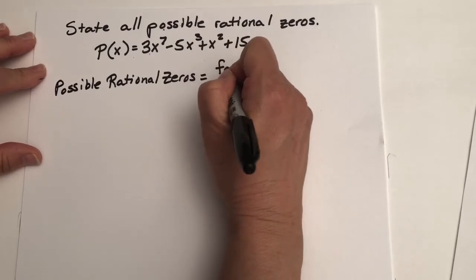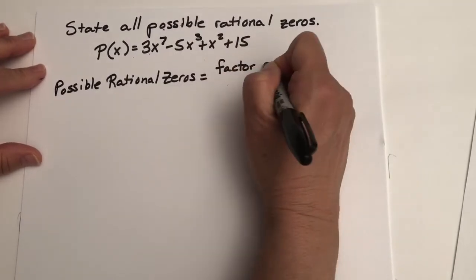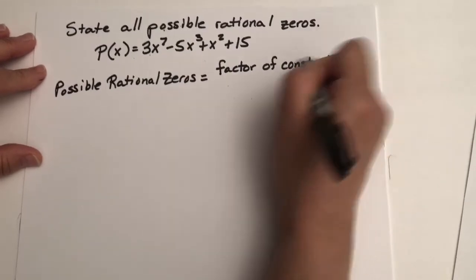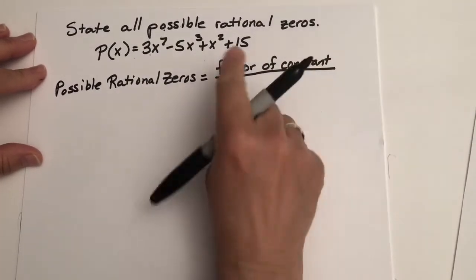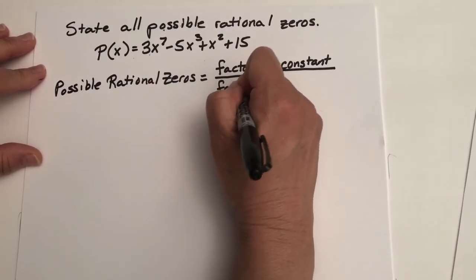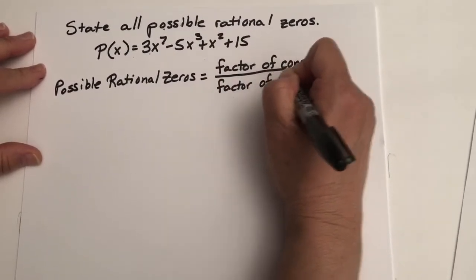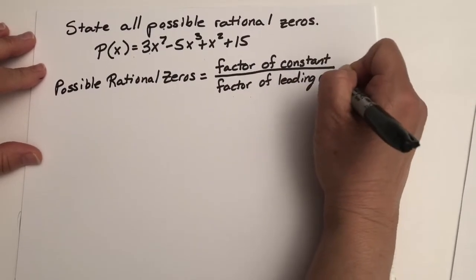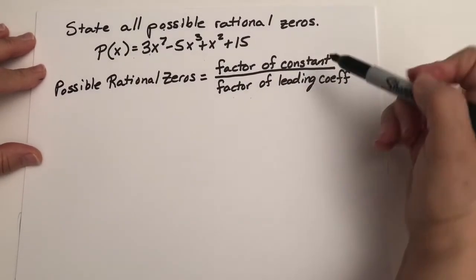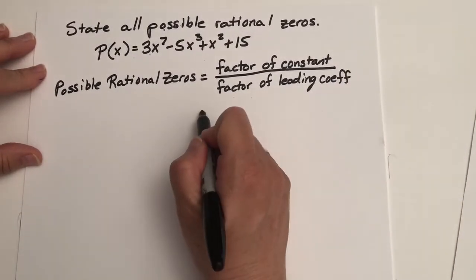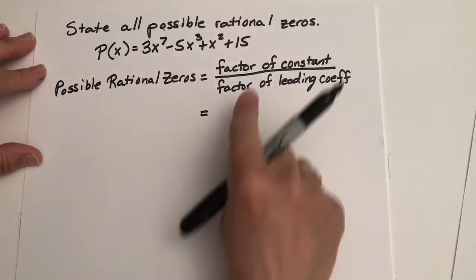A factor of the constant over a factor of the leading coefficient. And that's what you hear people say, P over Q. But in particular, let's list those possible numbers.